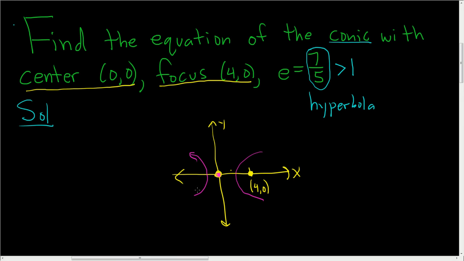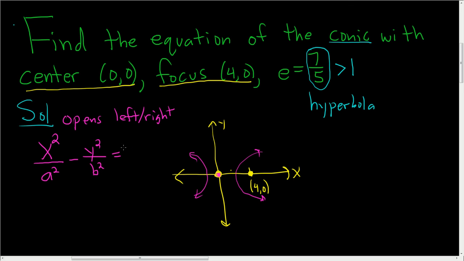That's a really rough picture, but the important thing we get from this picture is that it opens left and right. And so whenever it opens left and right, we know that the x comes first in the equation. So it's x squared over a squared minus y squared over b squared, and that's equal to 1.